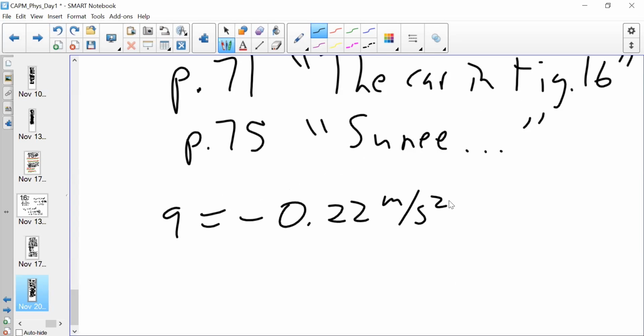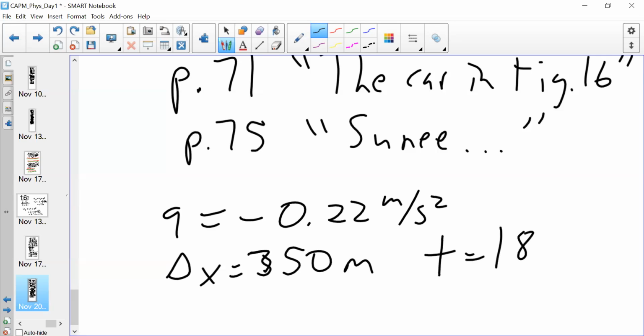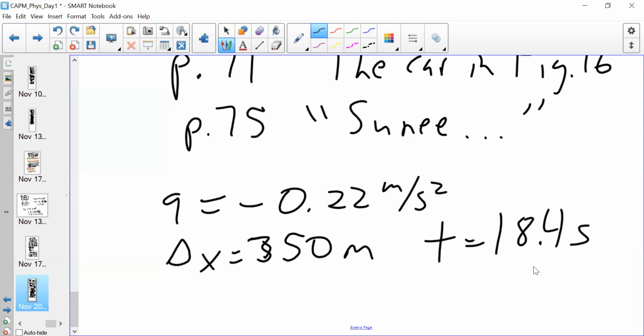What was the car's velocity VI at point XI if it travels a distance of 350 meters in 18.4 seconds? So we have acceleration, we have a direction, it's going west, we have a displacement, and we have time. So we're trying to figure out the car's initial velocity VI.